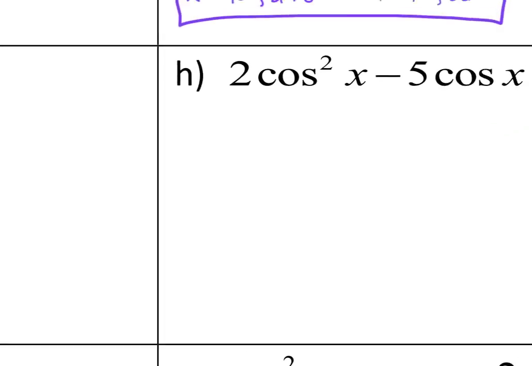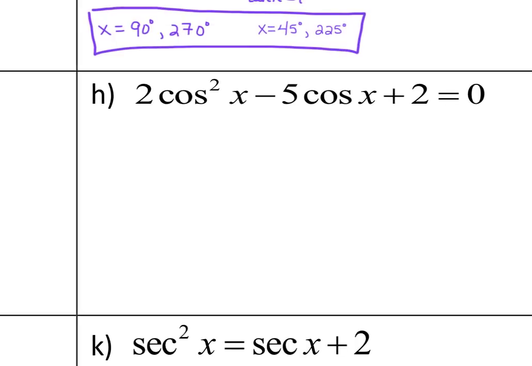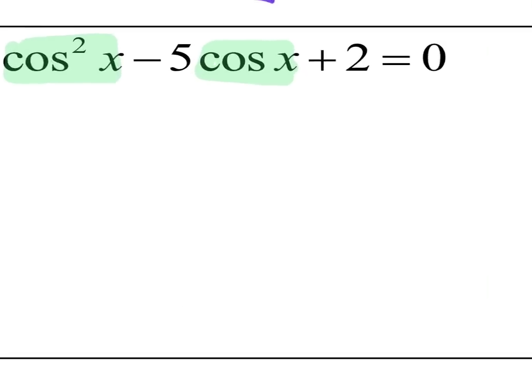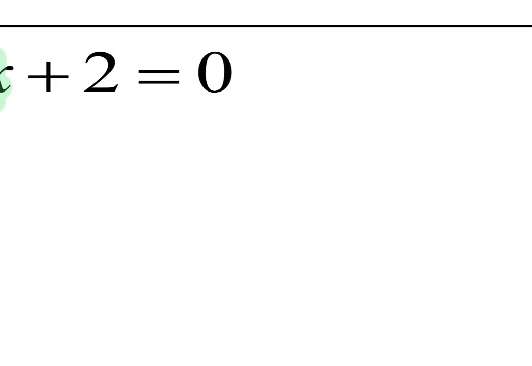Now in letter H, do you recognize this problem as a quadratic? You have coefficient times something squared minus coefficient times that thing not squared plus a constant term. And so if you want to use your U substitution, here might be a good place to use your U substitution because you want to factor this.